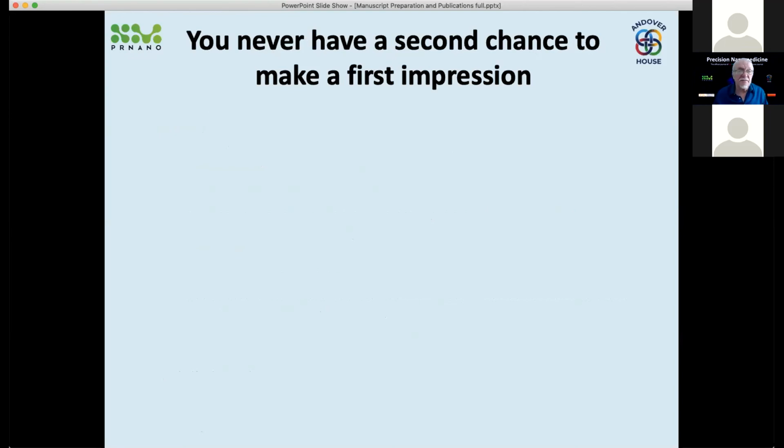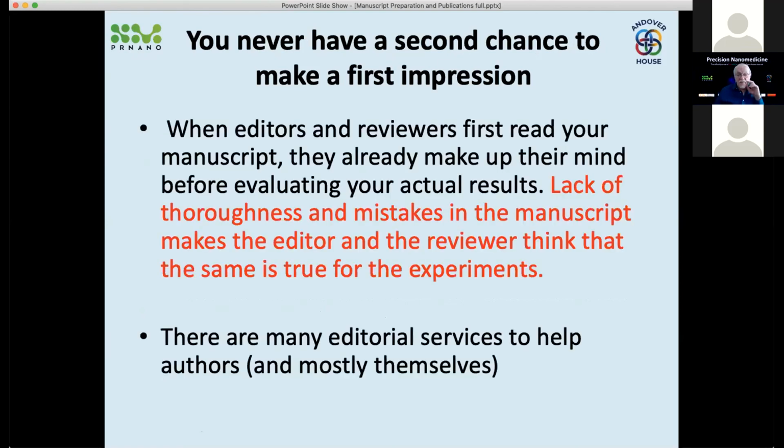Finally, you want to remember that, especially if it's a first paper, you never have a second chance to make a first impression. When editors and reviewers first read your manuscript, they already make up their mind unintentionally before looking at your actual results.